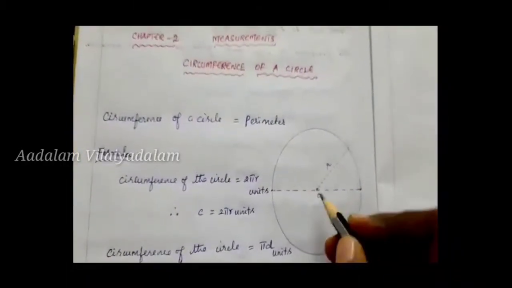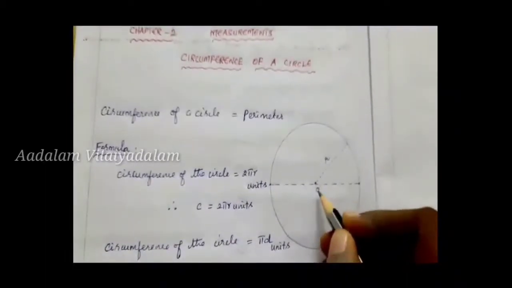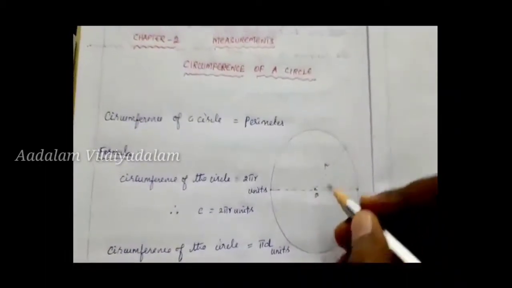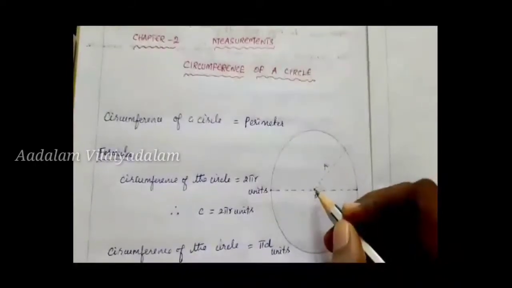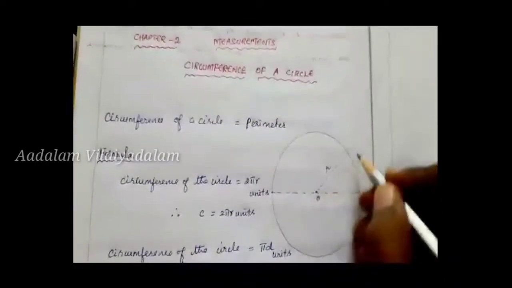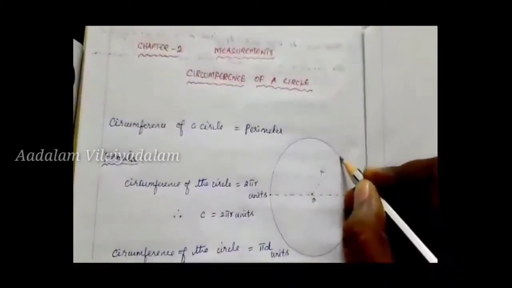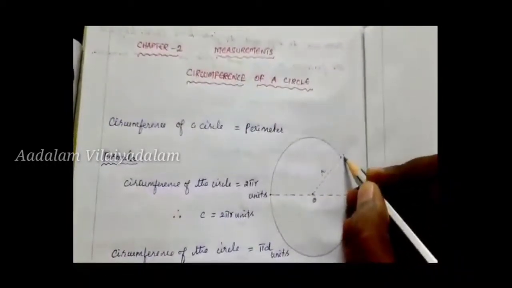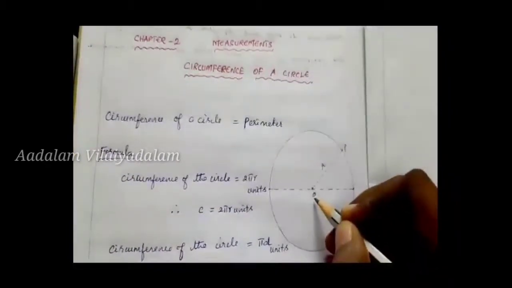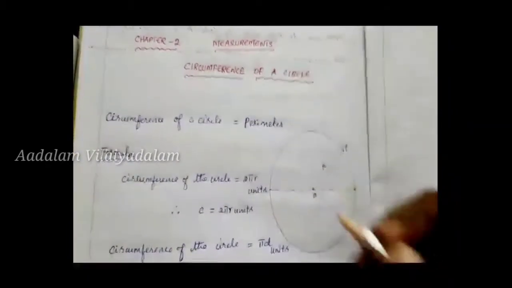So in the circle, the middle point or the center is called O. Then the distance between the midpoint of the circle to any point of the circle, or the distance between the point and the center of the circle, is called radius.